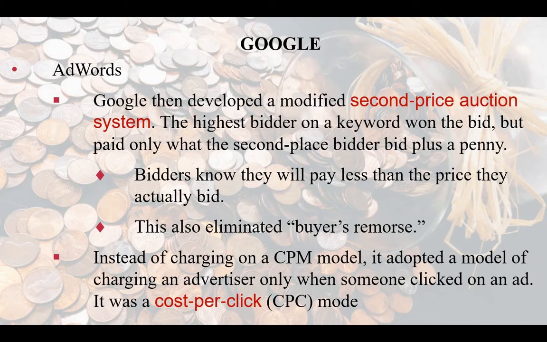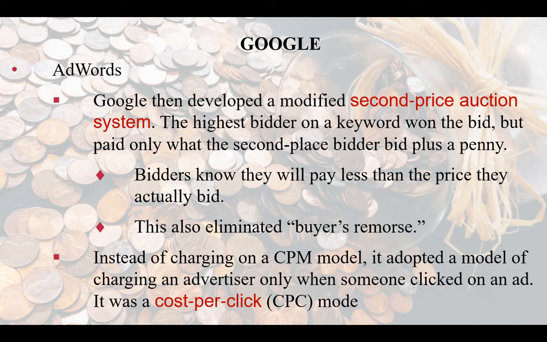So what that did is that it made bidders feel a little better about the cost that they were paying for advertising, because they knew that they were paying the same rate that at least somebody else was willing to pay, except just a penny more. So this eliminated buyer's remorse in many cases.